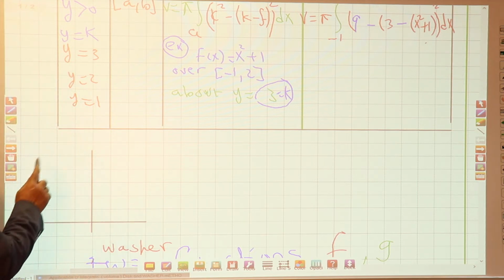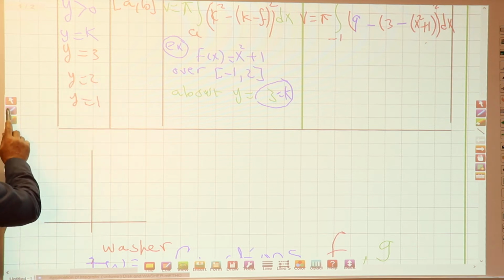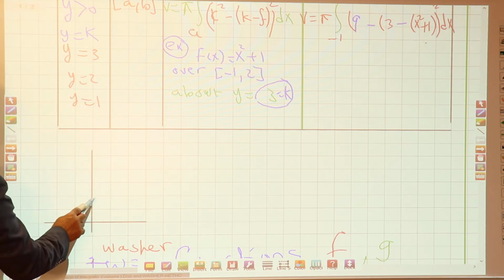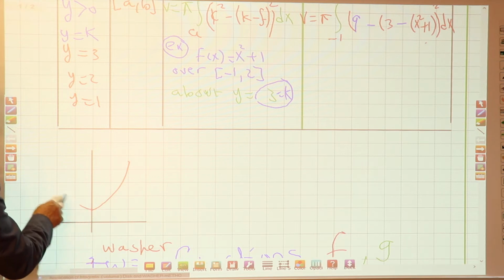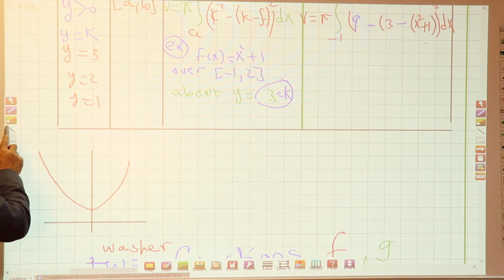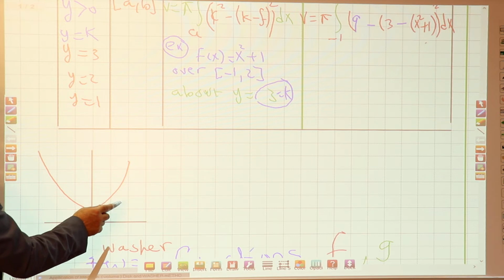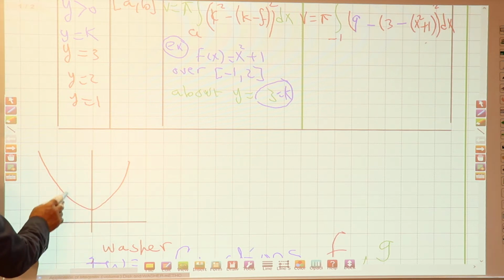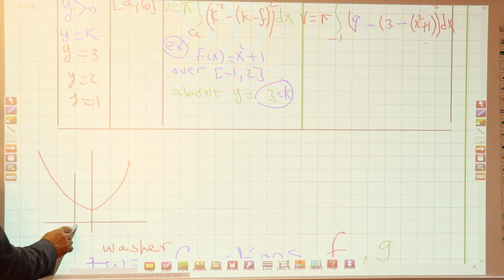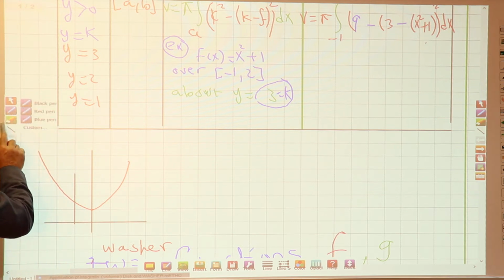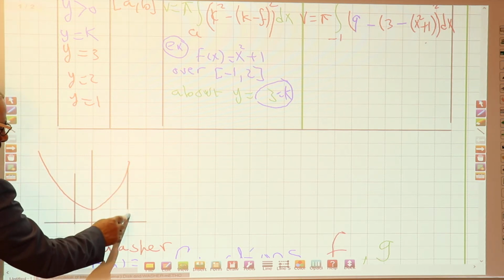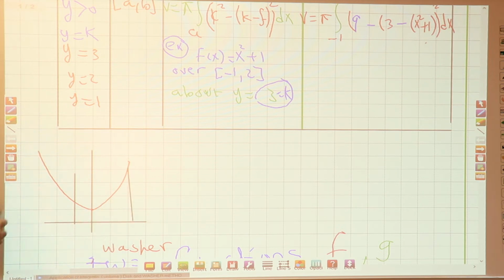Let me show you the radius of revolution. My function, the same function x squared plus 1, starts from 1 right here and goes up. Now I have 2 lines, the first at negative 1, the second at 2. You don't have to graph in the test, I'm explaining what you have to do.